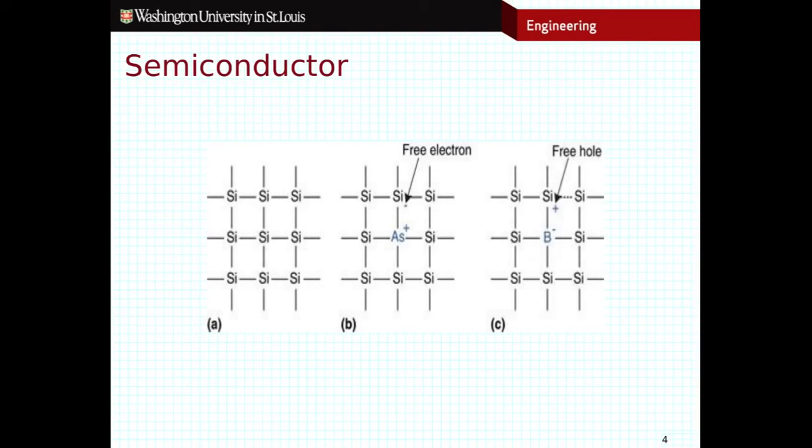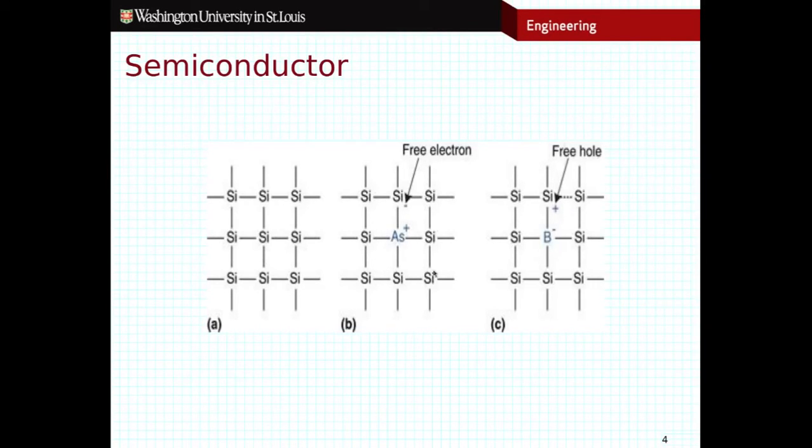However, the reason it's so useful, the reason that we use silicon in our transistors, is because it does attach to other elements particularly well. So in this case, if you look at the middle diagram here, we've done what's called doping on this silicon. So we've added an atom of arsenic to this grid of silicon, which bonds very well with the surrounding silicon.